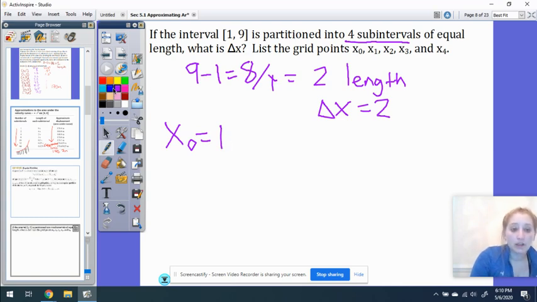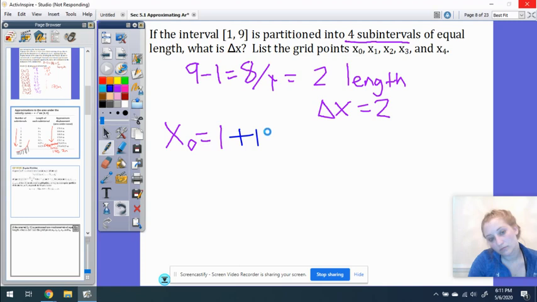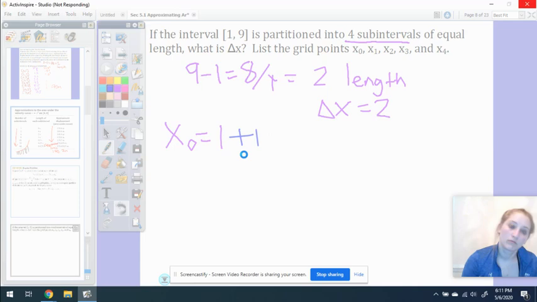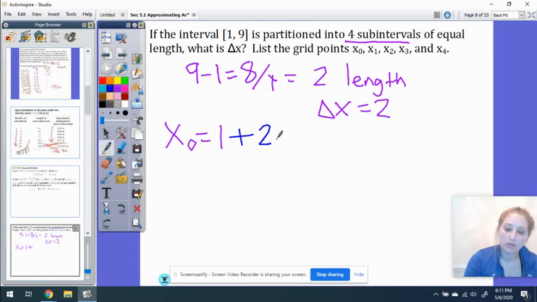Okay, my length is 2, so I'm going to add 2, which is going to give me 3. What that 3 is telling me is that it is my x1 value.